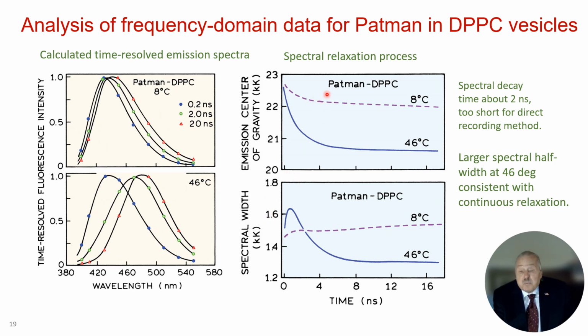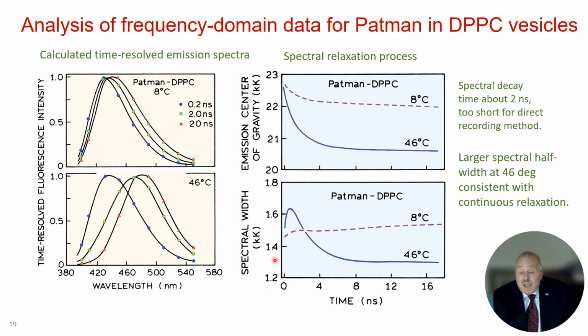Let's look at the spectral relaxation process. It's not very different in terms of the time scale than what was observed for TNS. The spectral relaxation remains to be about 2 nanoseconds. There's a larger energy decrease at the higher temperature, but the basic relaxation process is on the 2 nanosecond time scale.